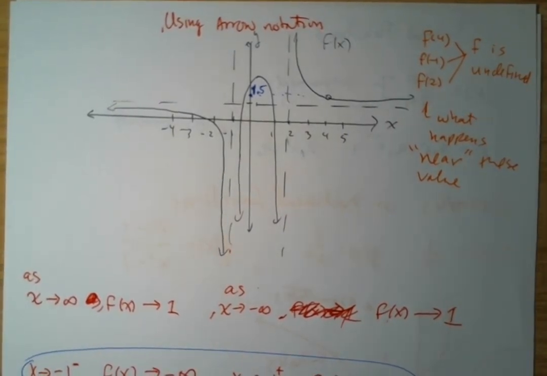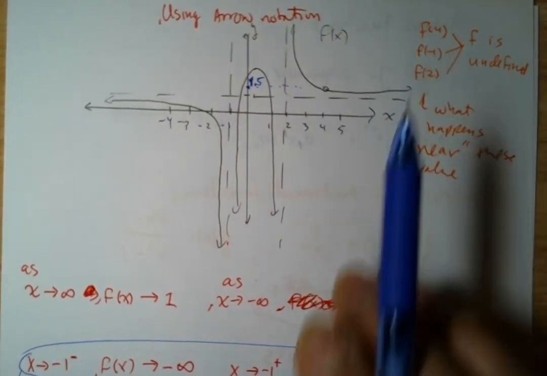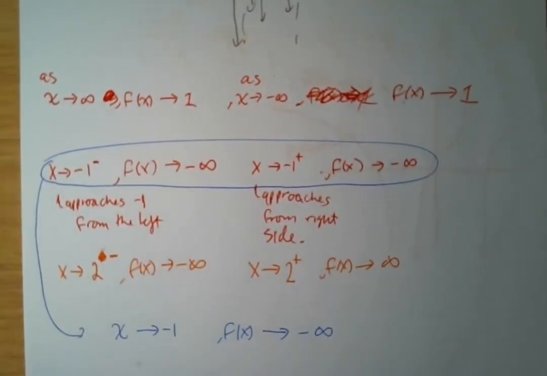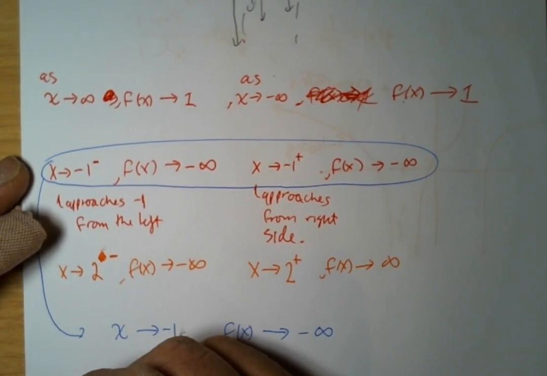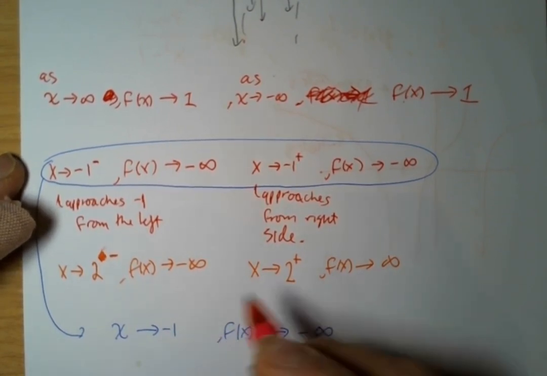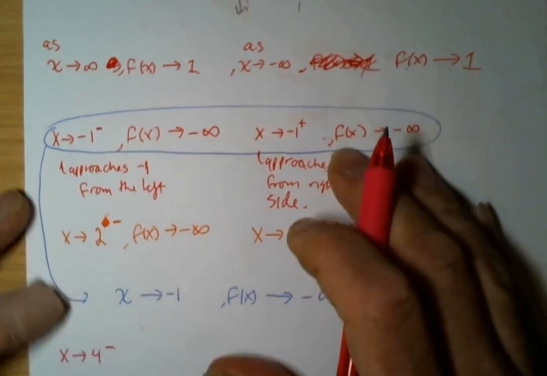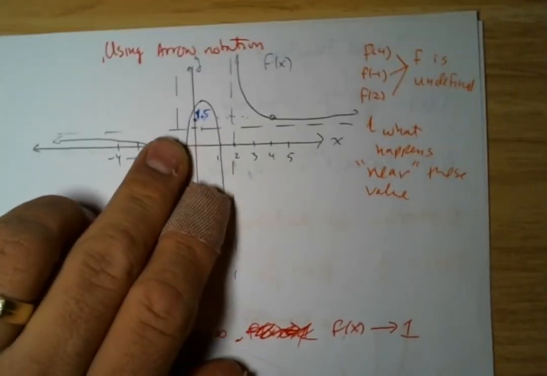I know that f of 4 is undefined, but that's not what I'm after to describe here. What I want to describe is what happens as x approaches 4, and let's look at the left side first. Here we have a different type of behavior than in our previous examples.